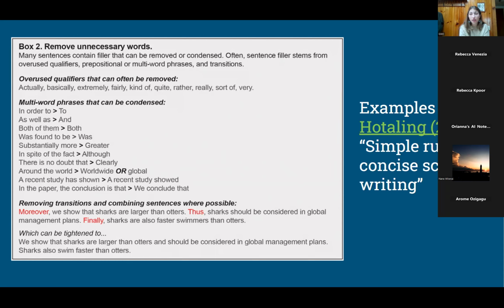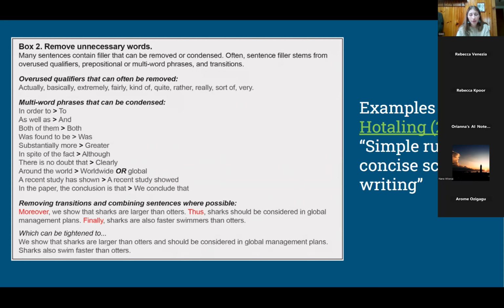There are a lot of multi-word phrases that can be condensed down to one word, and I do this all the time, especially with "in order to." That's my thing I always have to look out for. But instead of saying "in order to," you can just say "to." So if I was saying, "in order to measure phytoplankton, I did this," instead of saying that, you could just say, "to measure phytoplankton, I did that." So it cuts out a few words and gets more clear in your writing as well.